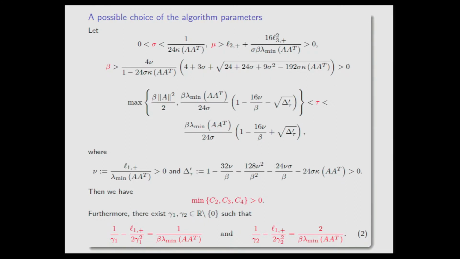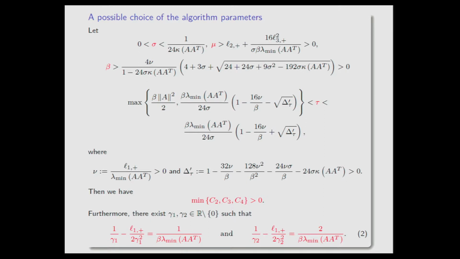Good. Okay. Then the next question is, are we able to guarantee this condition? Are there choices for the parameters of the algorithm which guarantee that these three constants are all positive? There are choices. Okay. These are some possible choices. So what we have here is the condition number of this matrix involved.